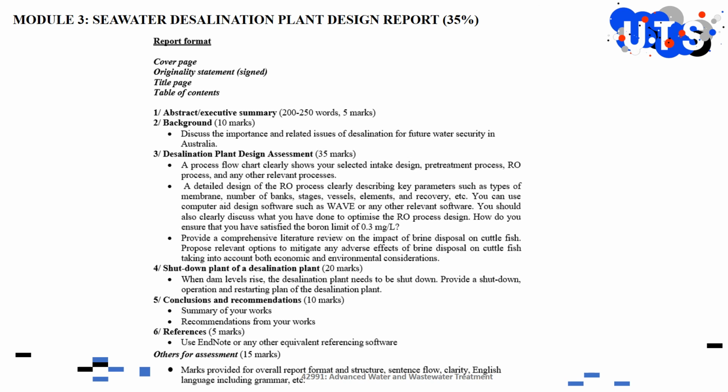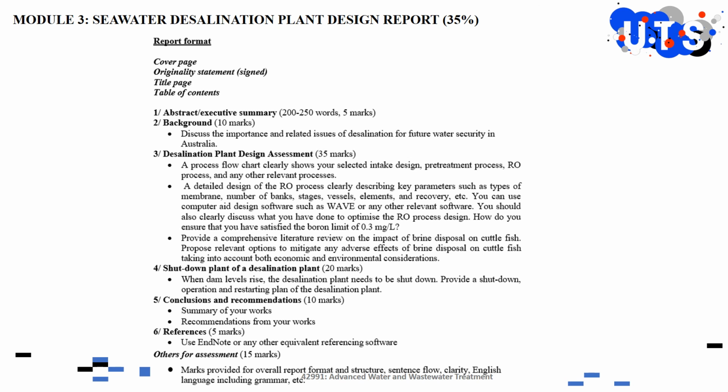So we can make a shutdown plan of the desalination plant: how to stop it until we have a severe drought or the dam level falls below 75% or 50%. When the dam level rises, the desalination plant needs to be shut down.